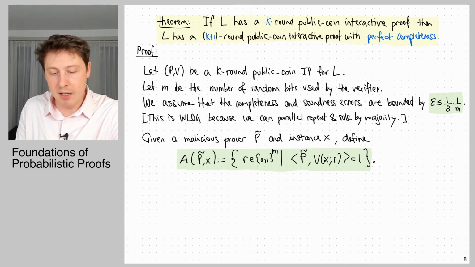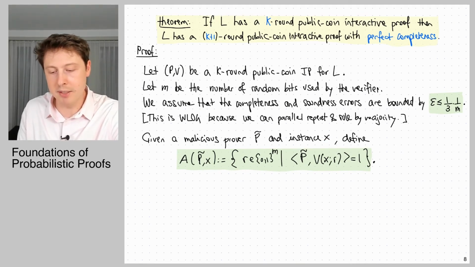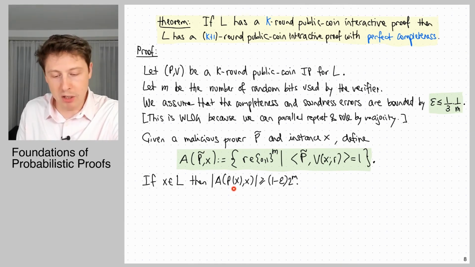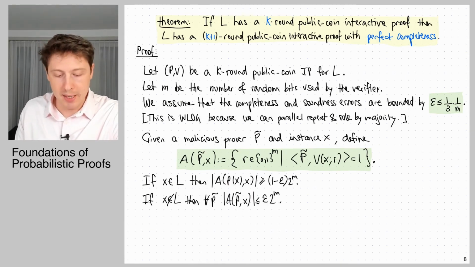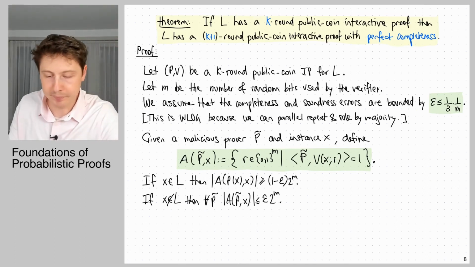So now, for a particular prover and a particular instance, let's consider all random strings that lead me to accept. And like before, if x is in L, then this is a large set, where the prover that I'm considering is the honest prover. And in the no case, regardless of which prover I consider, this is a small set.